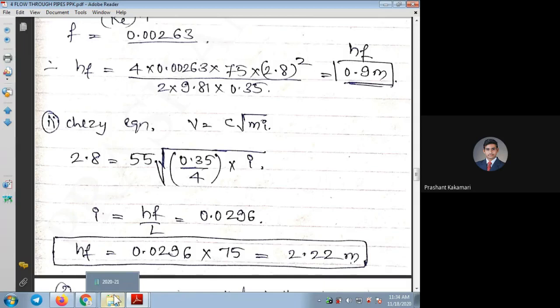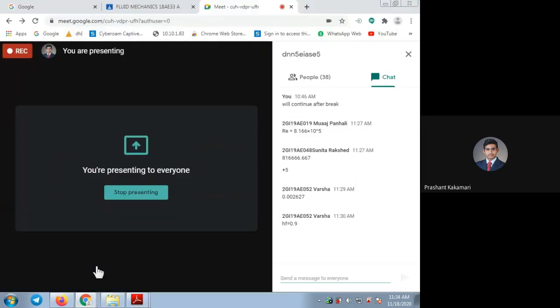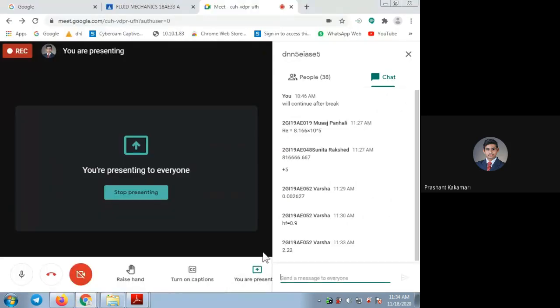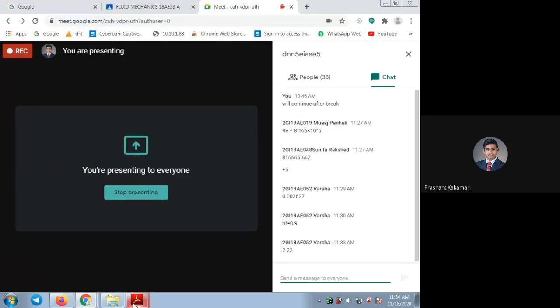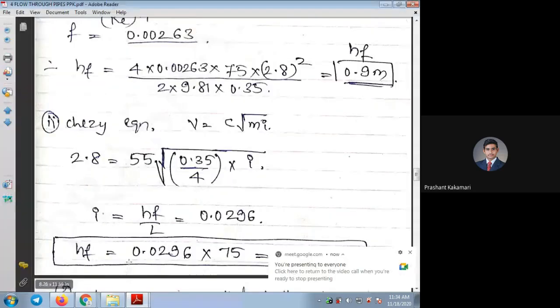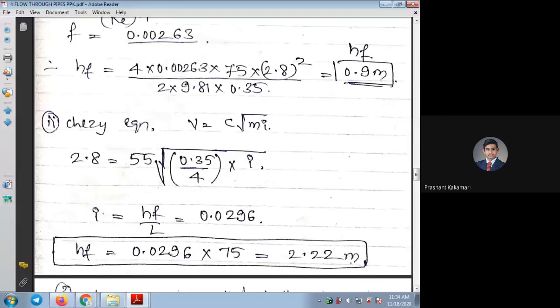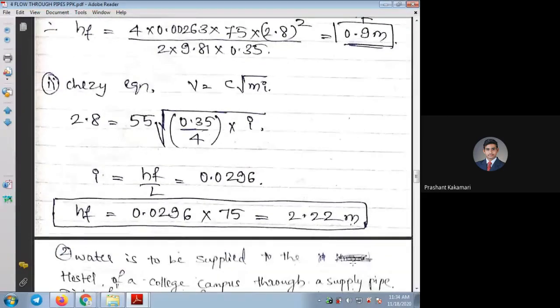Head loss due to friction by Chezy's equation: 2.22. Okay, 2.22 meters. Yes.